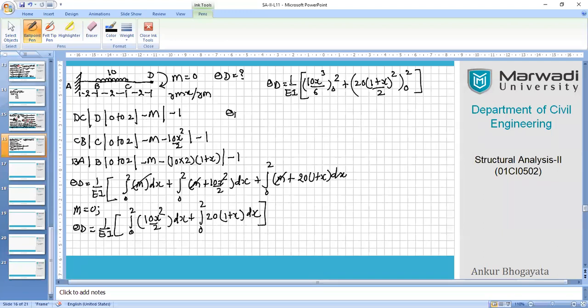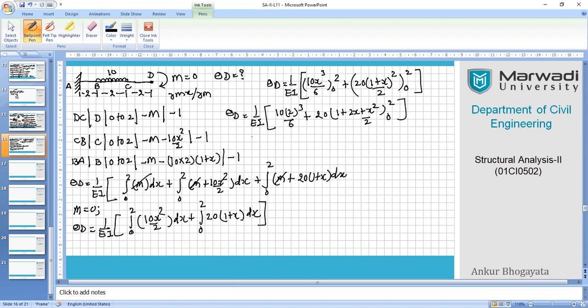So let's say it goes like this: EI, 10 into 2 cube upon 6 plus 20 into (1 plus 2x plus x square) upon 2, where you can replace the x at a parallel stage also, or later on you can use it, not an issue.